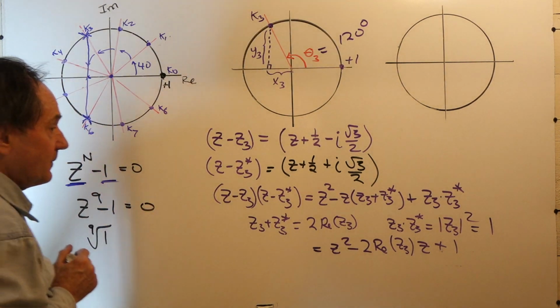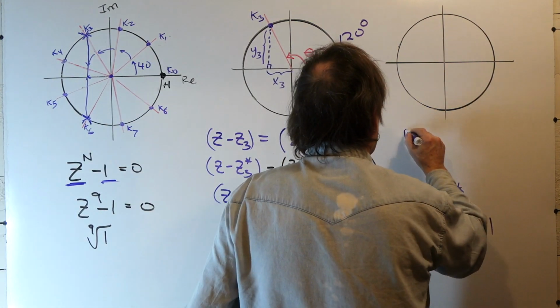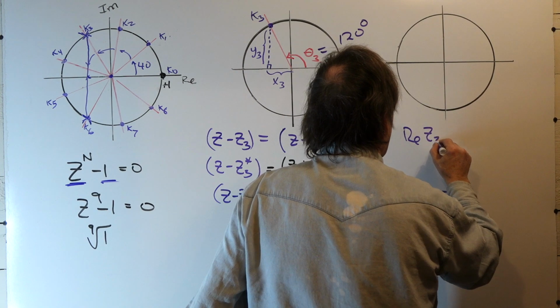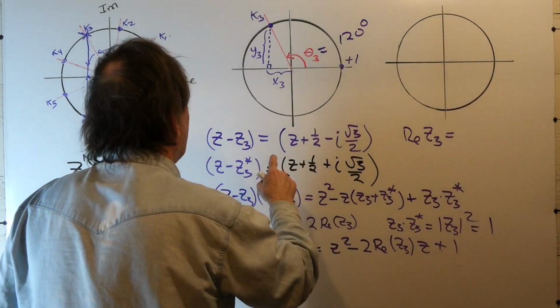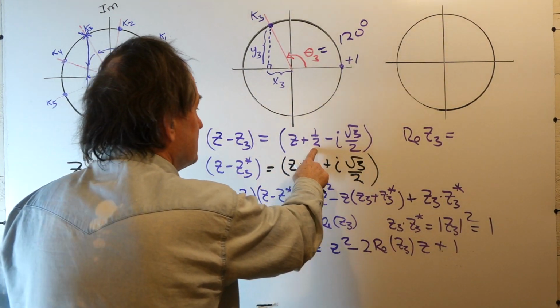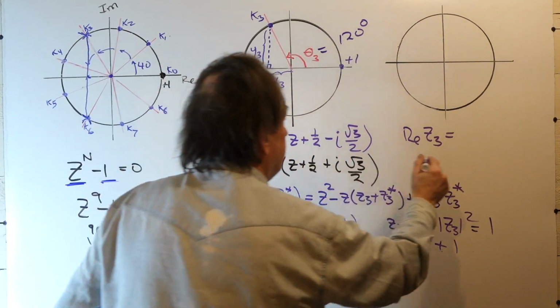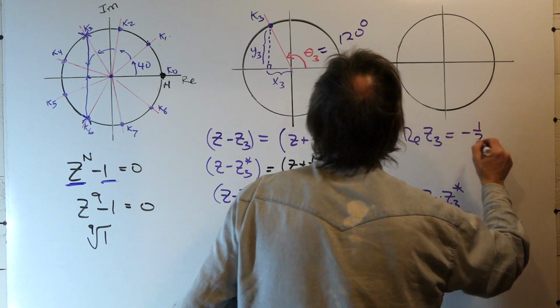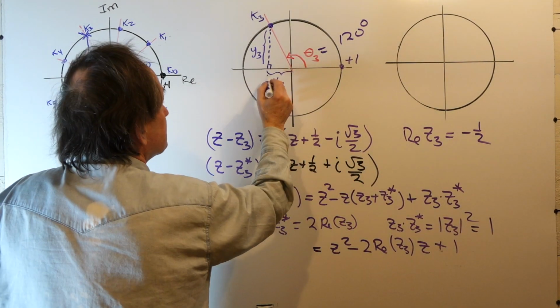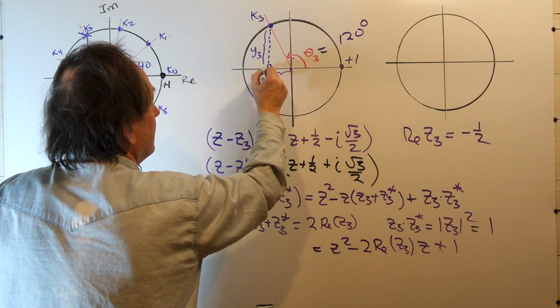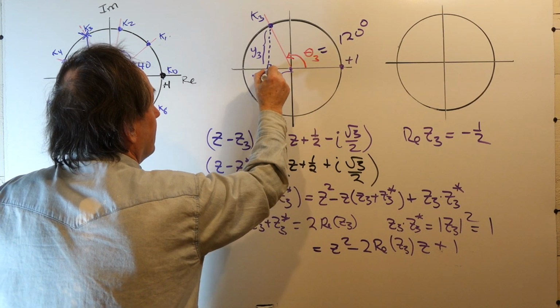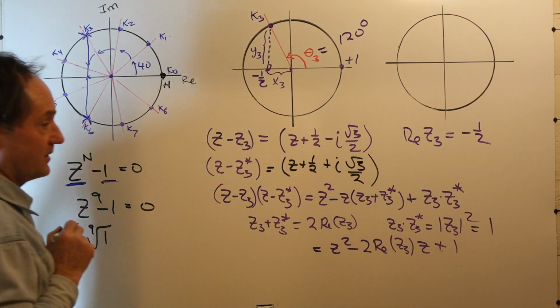Now, what is the real part of z3? Well, the real part of z3 is minus 1/2. That is, our z3 is out here. This is at minus 1/2 is what the real part is at.